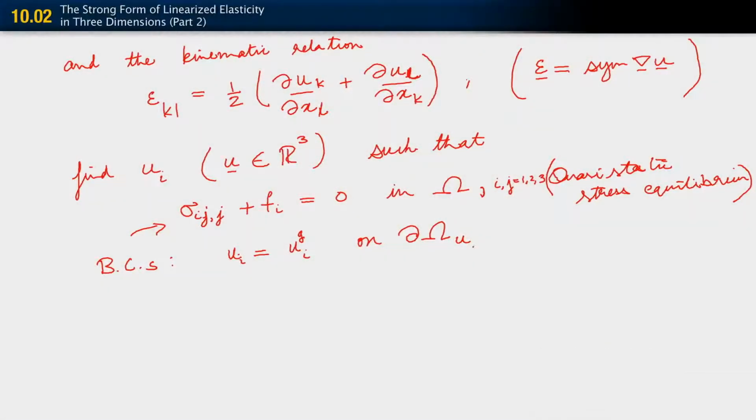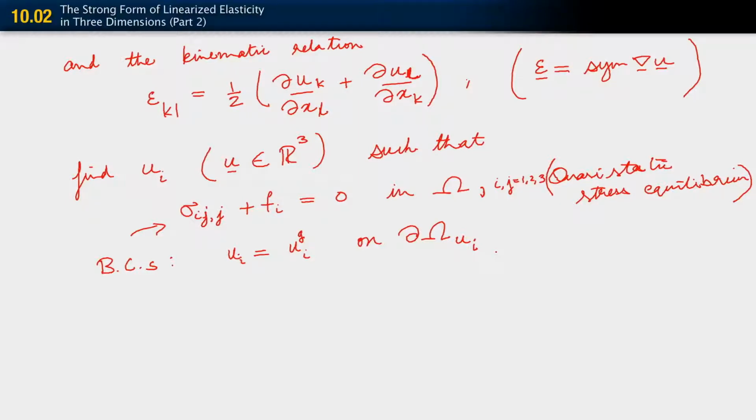What this means is that we need boundary conditions for each component of our solution field. But then each component of our solution field could have a Dirichlet boundary condition defined on a different Dirichlet boundary. So on this Dirichlet boundary itself, we can have a subscript.